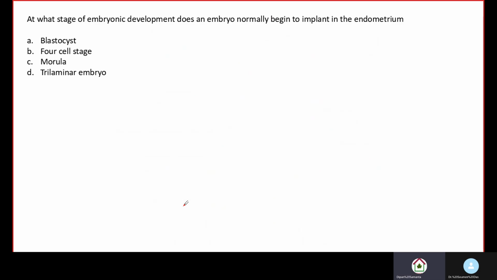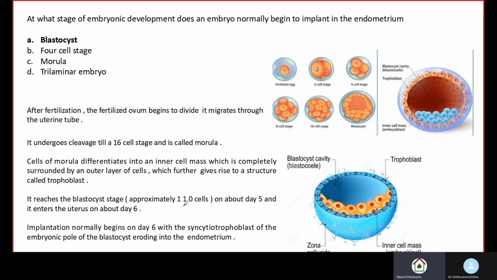Okay, next question. At what stage of embryonic development does an embryo normally begin to implant in the endometrium? Very important question. Blastocyst, 4-cell stage, morula, trilaminar embryo. After fertilization, the fertilized ovum begins to divide.